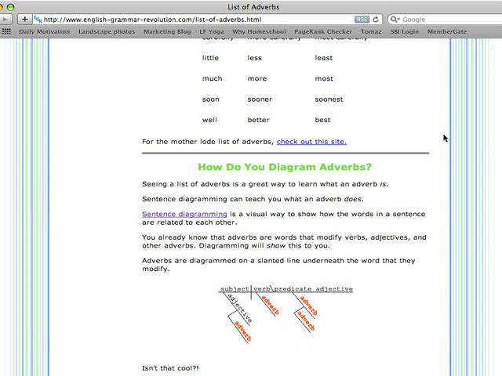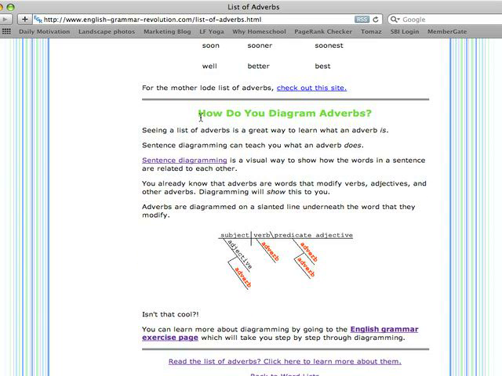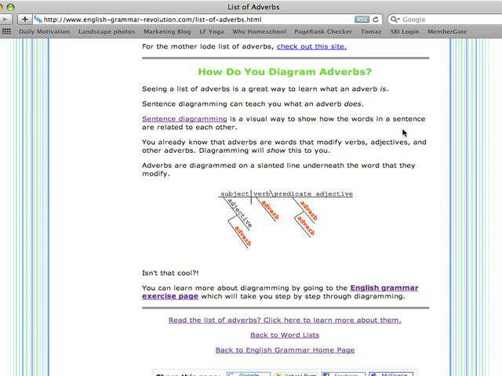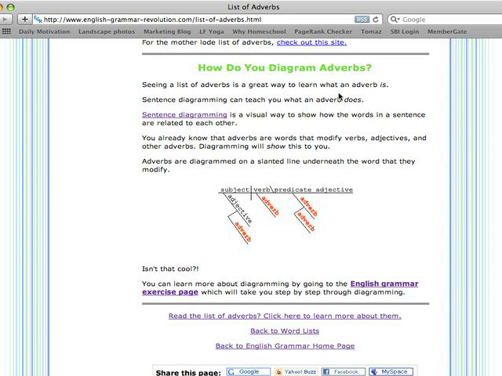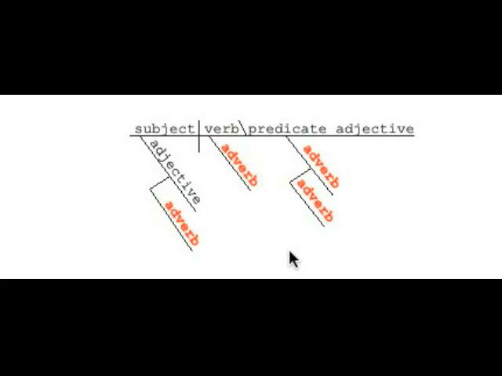Now, one thing that will help you understand adverbs is learning how to diagram them. Sentence diagramming is totally awesome. Seeing a list of adverbs is a great way to learn what an adverb is, but sentence diagramming can teach you a little more about what an adverb does. So here is a little sentence diagram that will show us what adverbs do.